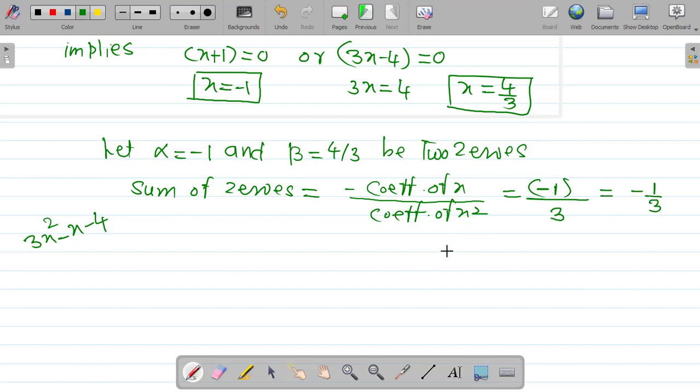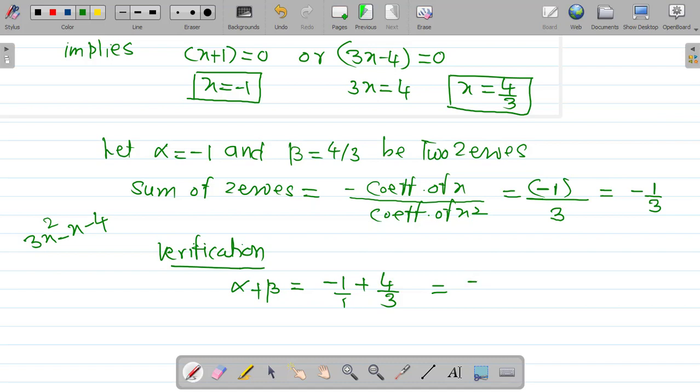Now we will verify by actually adding the zeros. So what is verification? Verification: does it give addition as minus 1 by 3? So alpha plus beta. So alpha is minus 1 plus beta 4 by 3. Okay, so we will cross multiply this.